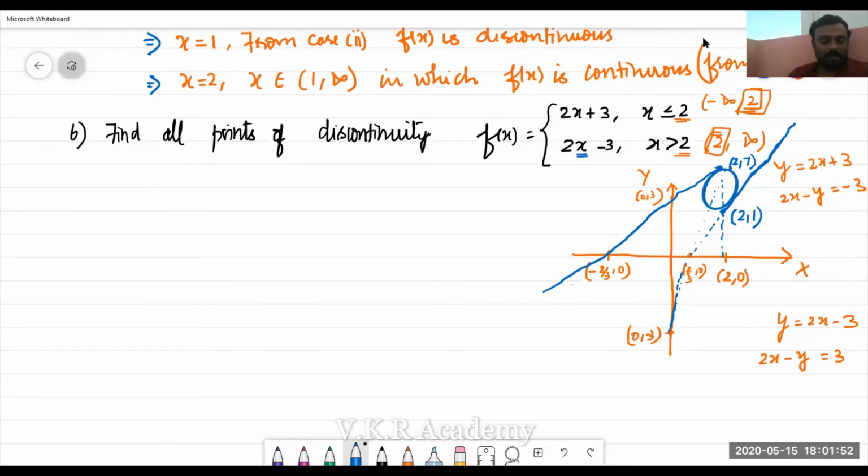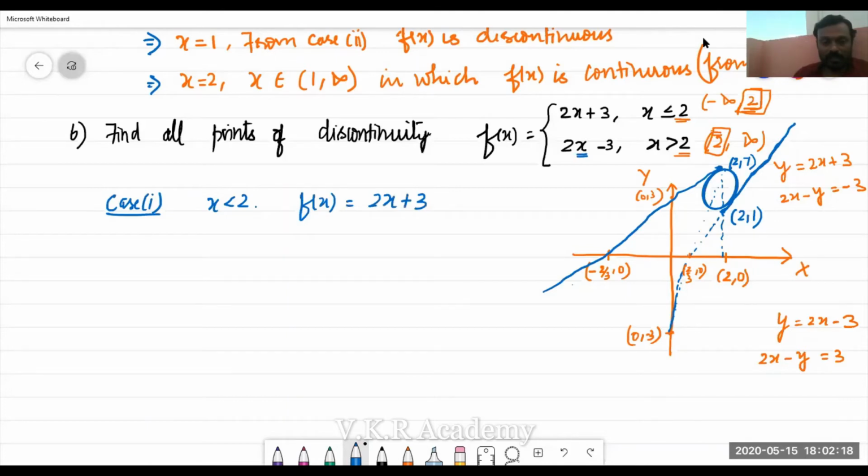So now let's check these three cases analytically. Case 1, when x is less than 2. You assume some point in x less than 2. So in x less than 2, f of x is 2x plus 3.